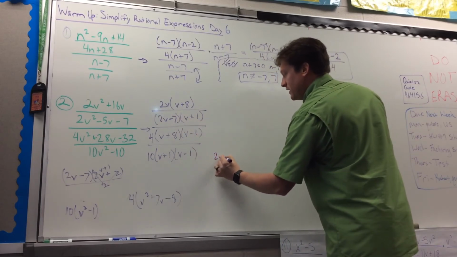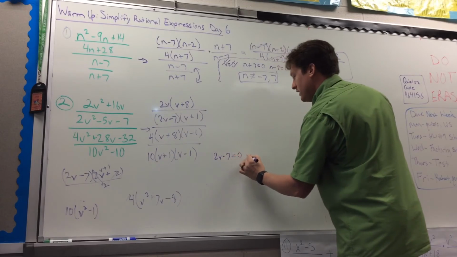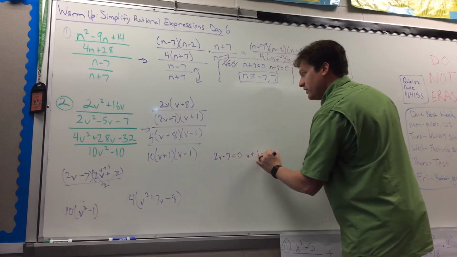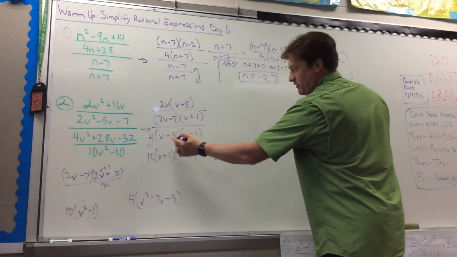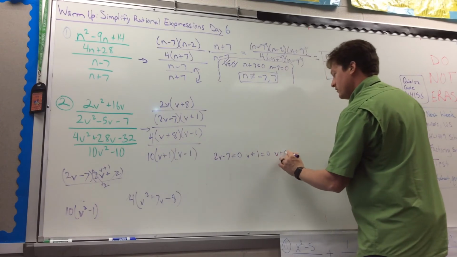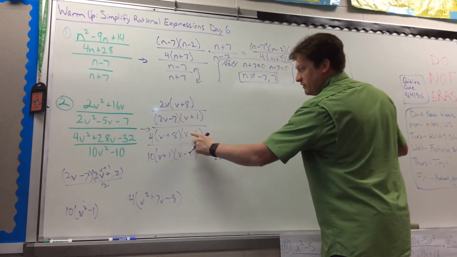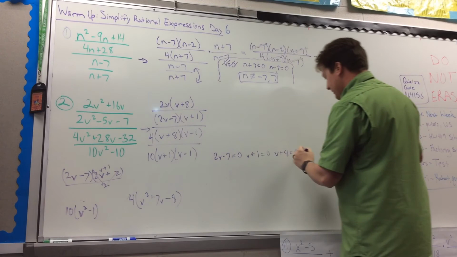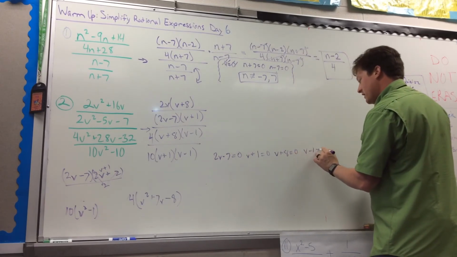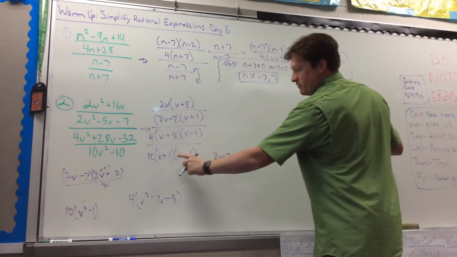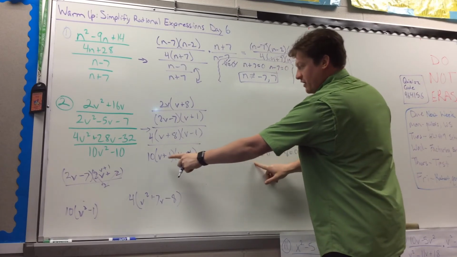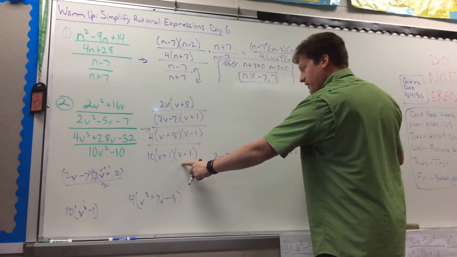I've got 2v minus 7 equals 0. v plus 1 equals 0. 4 I don't care about. v plus 8 is equal to 0. v minus 1 has not been done yet, so v minus 1 equals 0. v plus 1, I've got that already. v minus 1, I've got that one already.